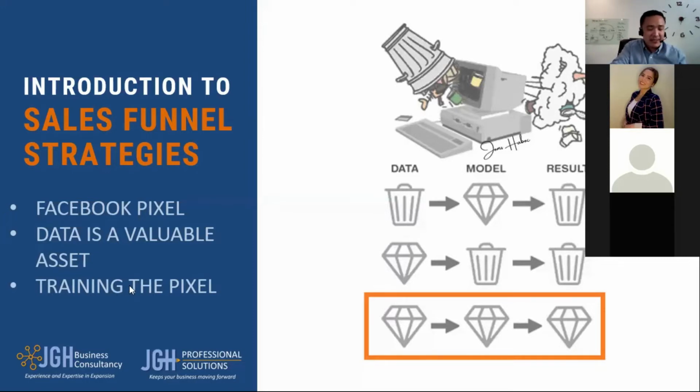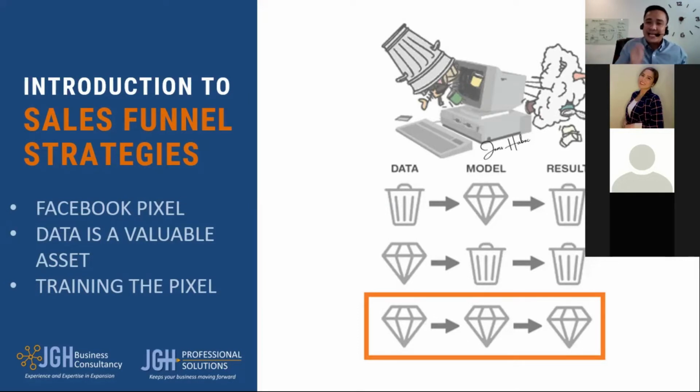So, probably naririnig na natin ang training the pixel, training the Facebook pixel. So, in a simpler explanation of training the pixel, the Facebook algorithm actually is data-driven. Okay? You can be efficient in Facebook advertising if you have several data.